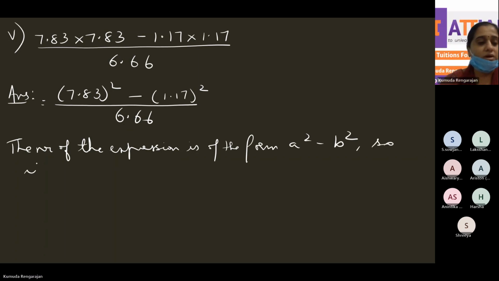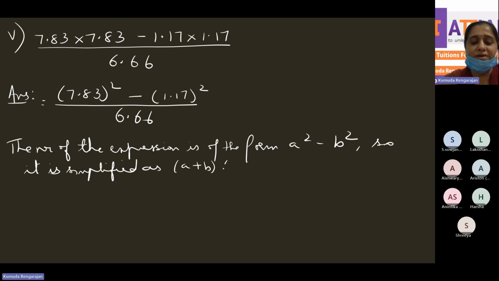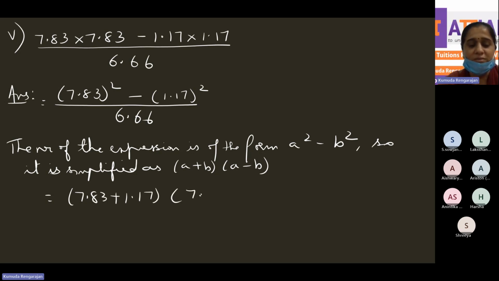So it is simplified as a plus b into a minus b. So the numerator is 7.83 plus 1.17 into 7.83 minus 1.17, divided by 6.66 as it is.